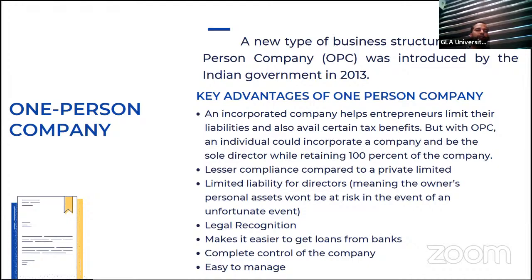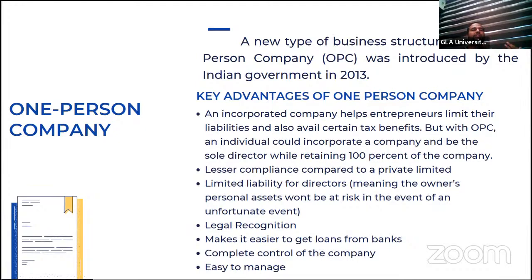Then limited liability for the directors. The reason is there is only one director, right? The meaning is the owner's personal assets won't be at risk even in the event of an unfortunate event. For example, let us say that I have an OPC, one person company registered in my name, and I also have personal assets in my individual capacity.